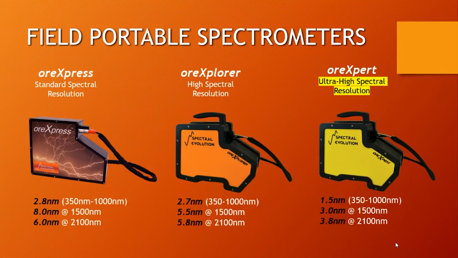It has a resolution of 2.8 in the ultraviolet, 8 nanometers in shortwave infrared, which we are going to refer to as SWIR 1, and 6 nanometer resolution, which we'll refer to as SWIR 2. The ORX Explorer is going to give you a little bit better spectral resolution than the ORX Express, and the ORX Expert is actually going to give you double the resolution than you'd get with the ORX Express.